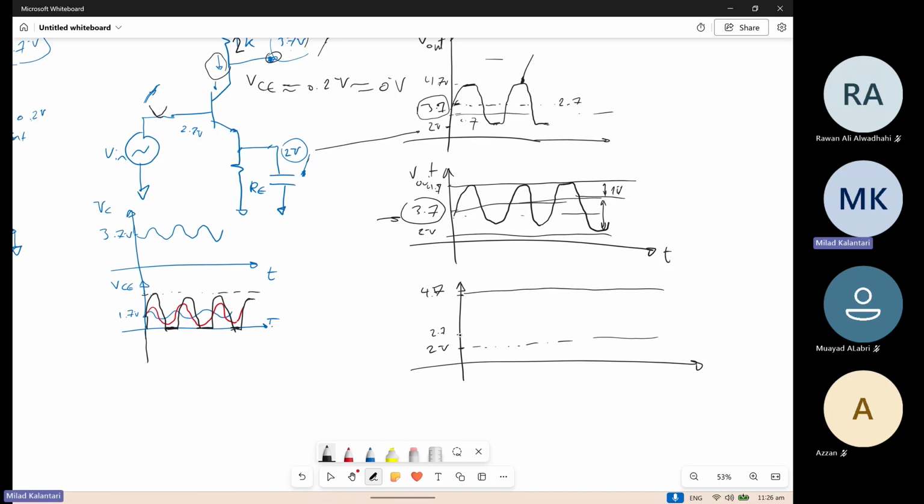So if you apply the signal, initially it is okay, right? If you increase the amplitude, it starts clipping from the bottom earlier, right? So the distortion is happening earlier.